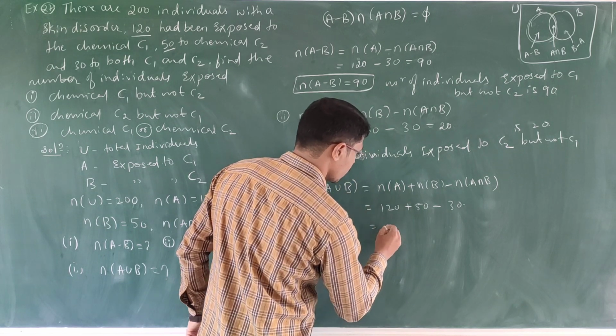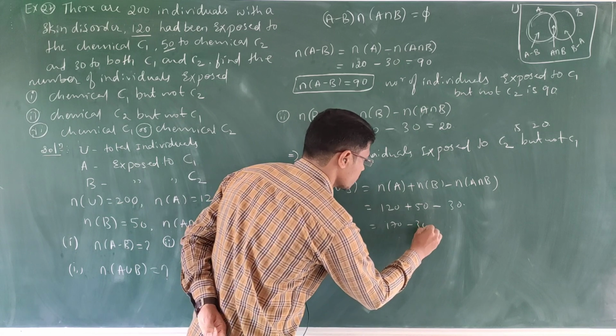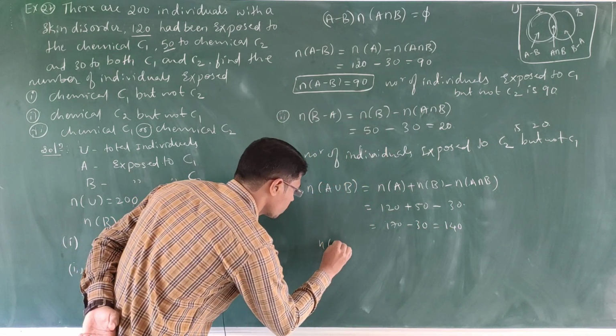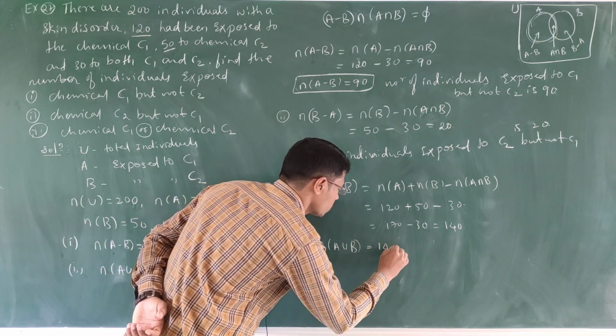So this is equal to 170 minus 30, which is 140. So the number of individuals exposed to C1 or C2 is 140.